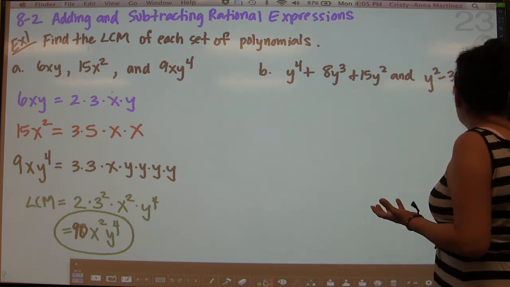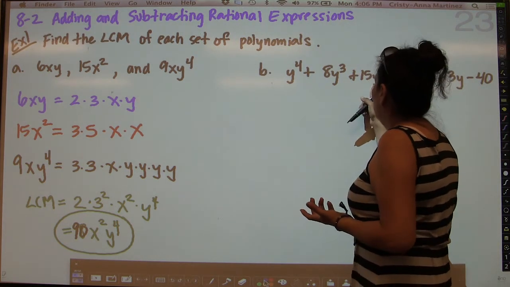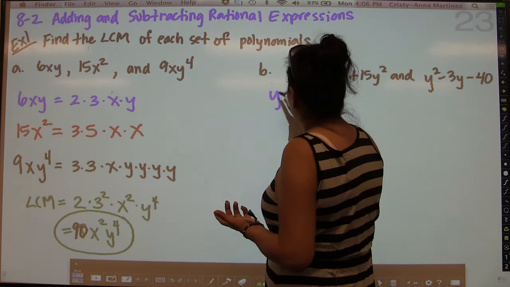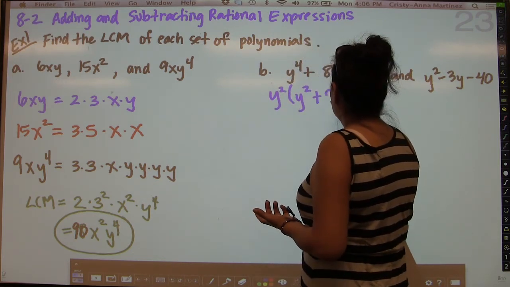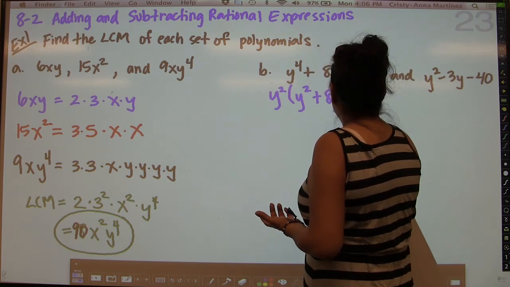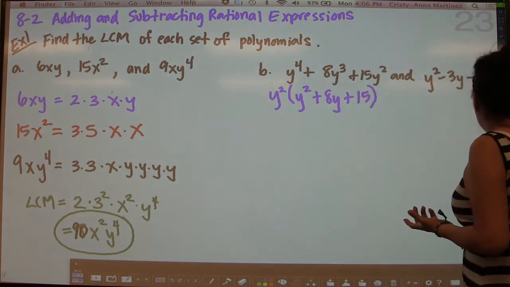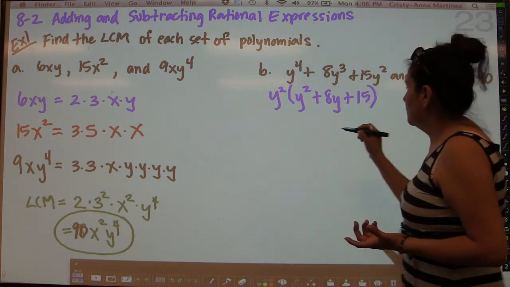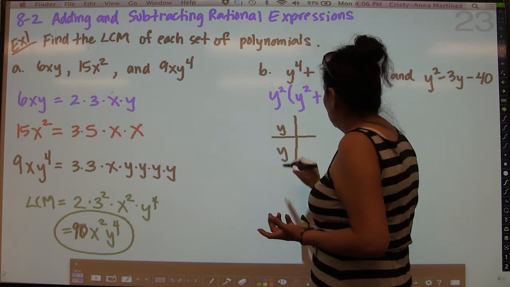Okay, so for the first one, they all have a y squared in common, so the y squared is going to come out, and I'm going to be left with y squared plus 8y plus 15. And then I'm going to use my factoring techniques. I'll have a y and a y there.